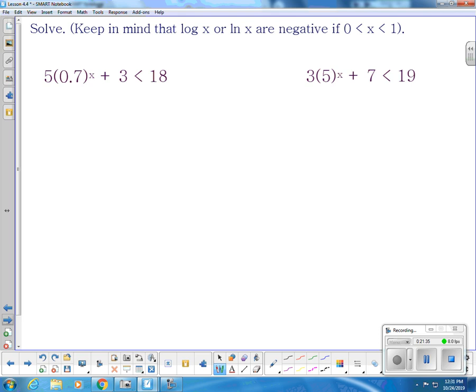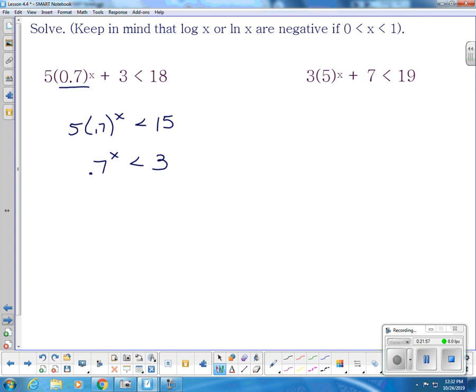All right, inequalities. Same thing, we want to get the base by itself, because we're going to have to do logs. So we have 5 times 0.7 to the x is less than 15. And then we're going to have 0.7 to the x is less than 3.